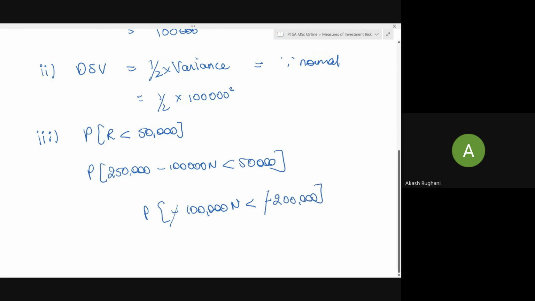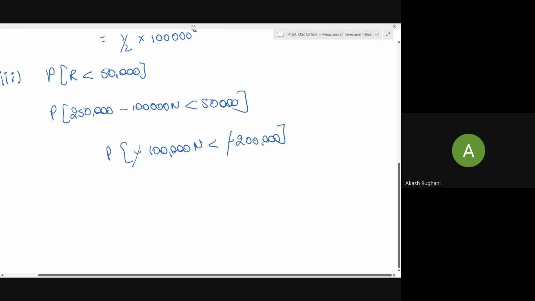This can cancel off. When I cancel this off, I have to change my signs because I'm multiplying by minus 1. Then the 1 lakh goes and divides here, so N greater than 2.